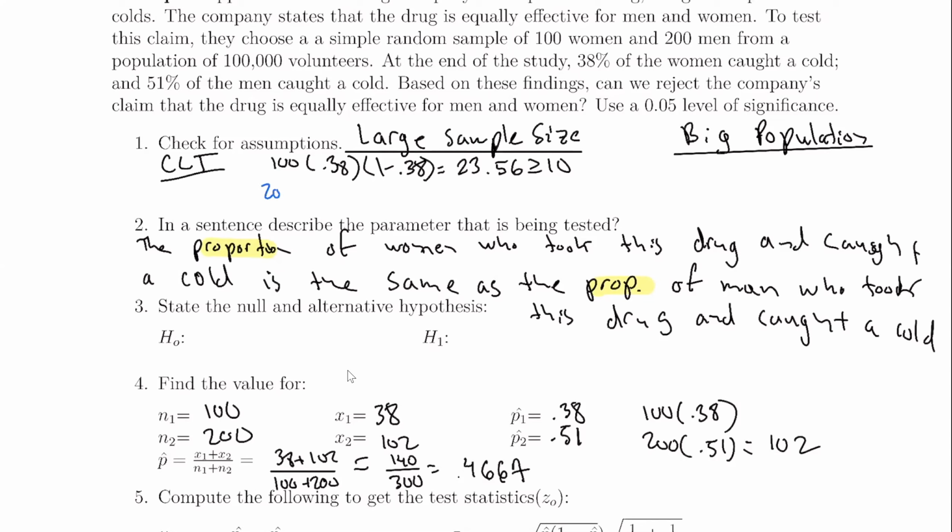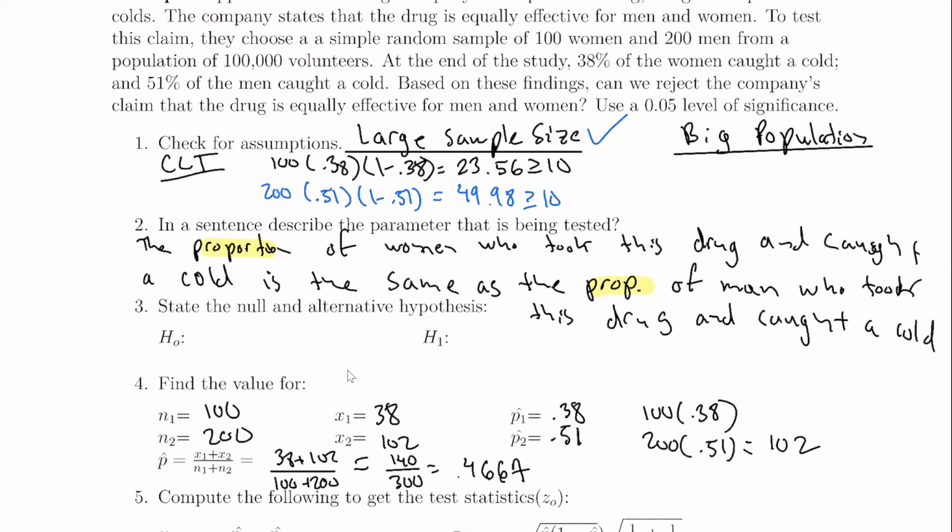We'll say 200 times 0.51 times 1 minus 0.51, so 200 times 0.51 times 0.49. You get 49.98. So if you look at 49.98, it's definitely bigger than or equal to 10. So we can say we have a large sample size.